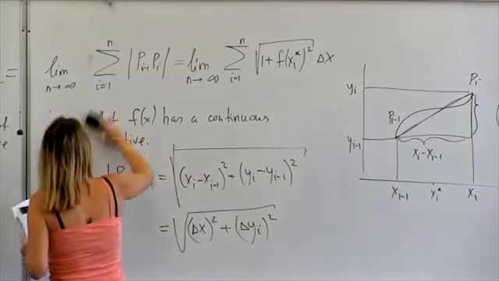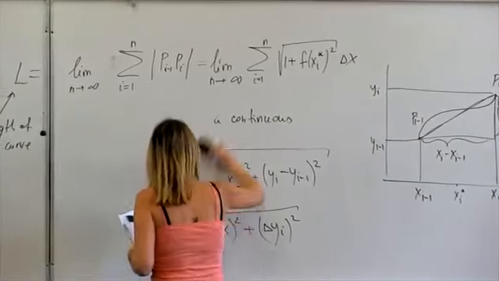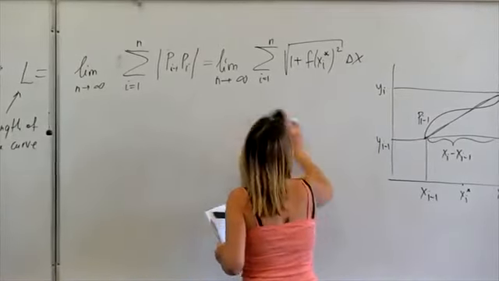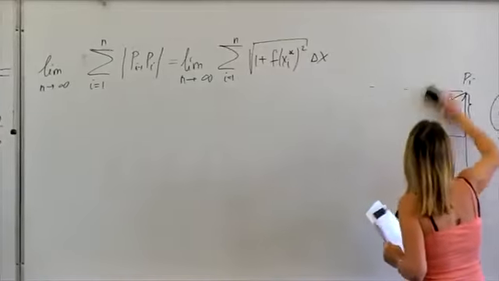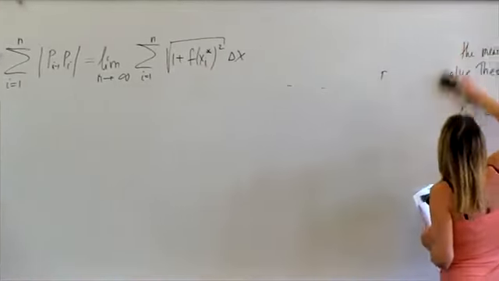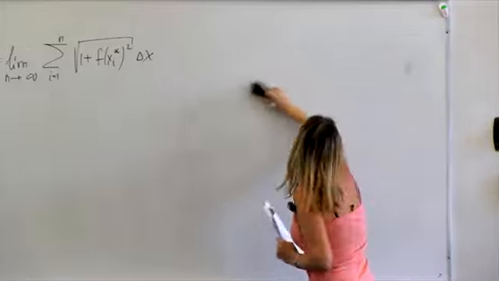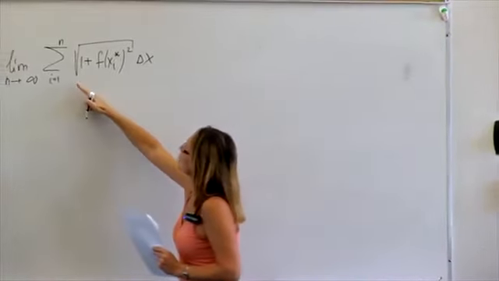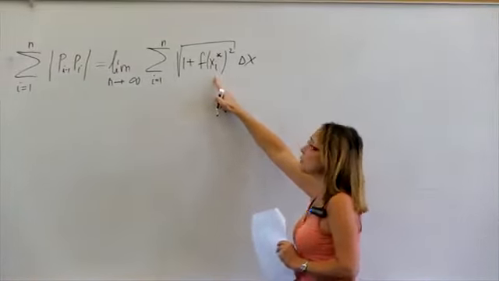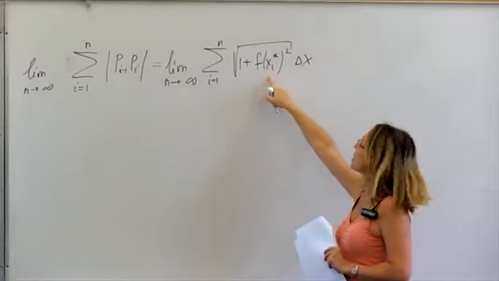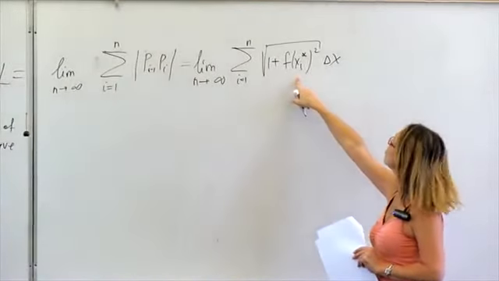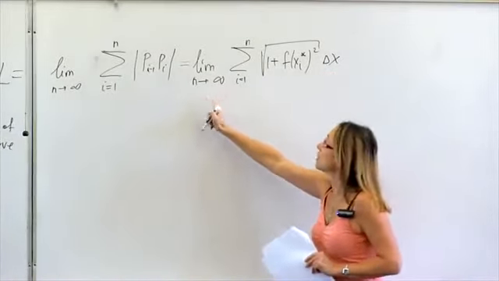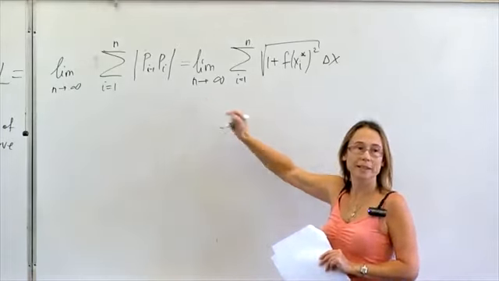And now the last crucial step is to recognize this as a Riemann sum and to rewrite it in terms of an integral. You can see that we have something evaluated at a sampling point inside each interval times delta x summed up and a limit.